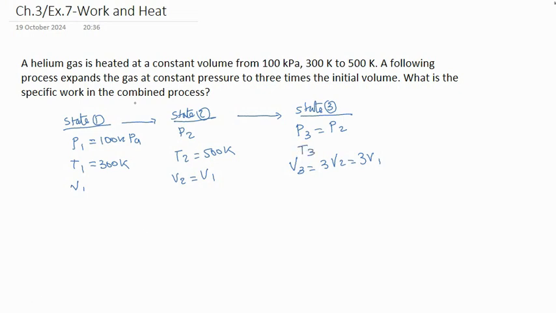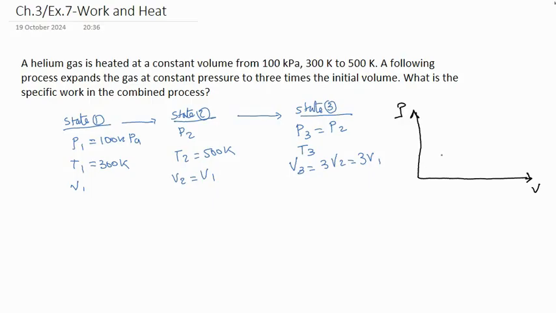In order to visualize the process, let's draw the PV diagram. So we started at some point somewhere, and then we have increased the temperature at the same volume.